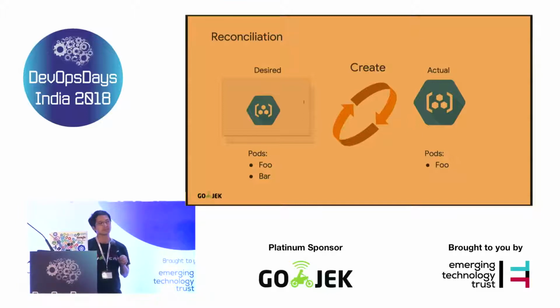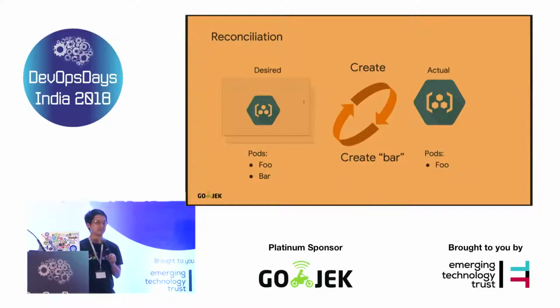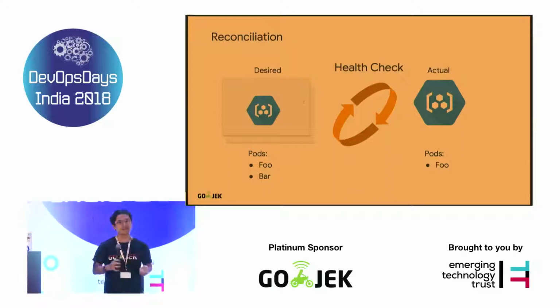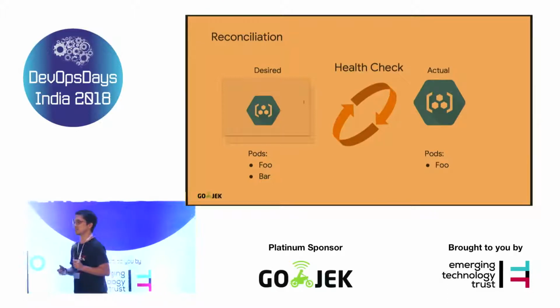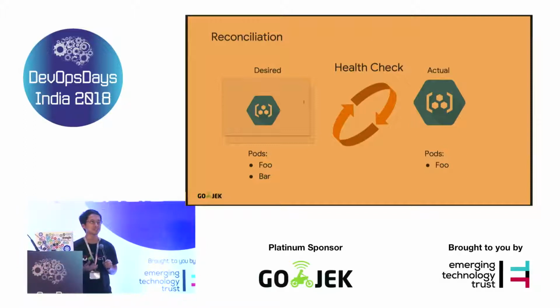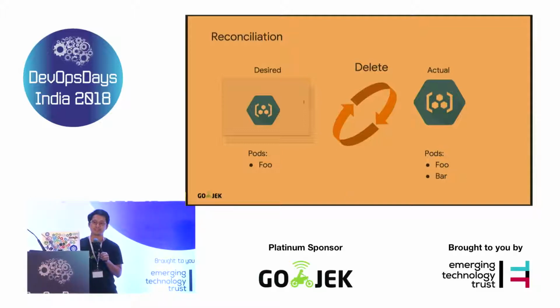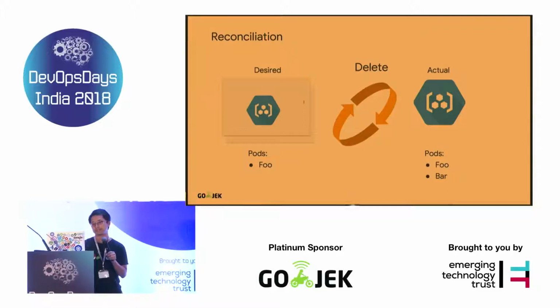So it will take an action called create bar, which will create a bar pod in the actual world. The difference between Kubernetes and other cluster managers is that Kubernetes makes sure that the pods are available. When pods crash, it always tries to make them healthy. Same with delete: the action is delete whenever there's a mismatch between actual state and desired state.